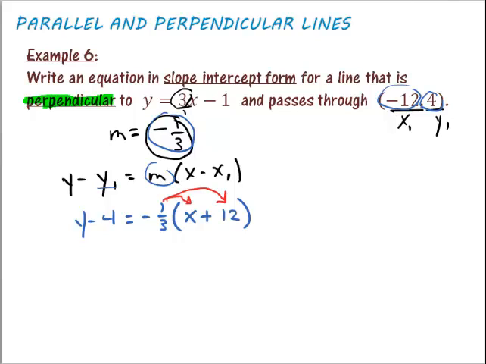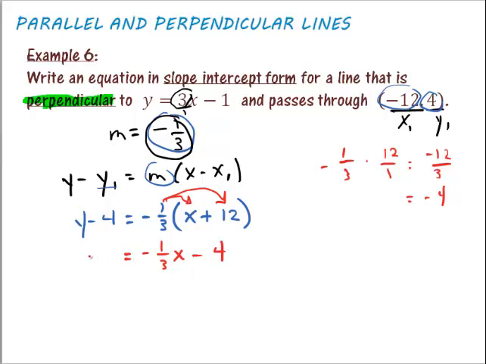Okay, we start by distributing the negative 1/3, so I get negative 1/3 x, and then negative 1/3 times 12. Gotta make it 12 over 1. Multiply the tops and get negative 12. The bottom gets 3, and that reduces to negative 4. So we have minus 4 here.